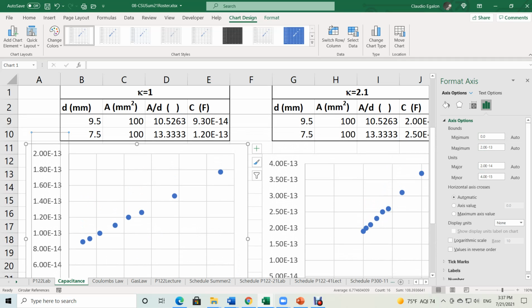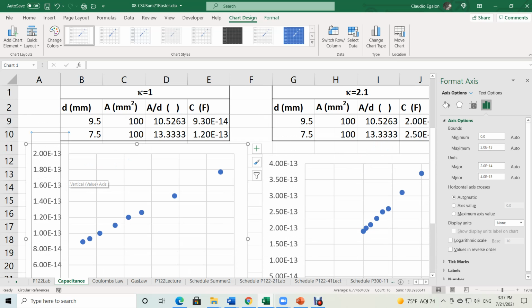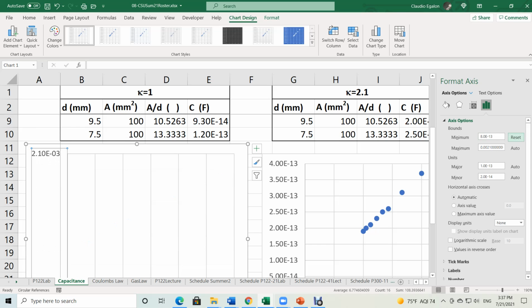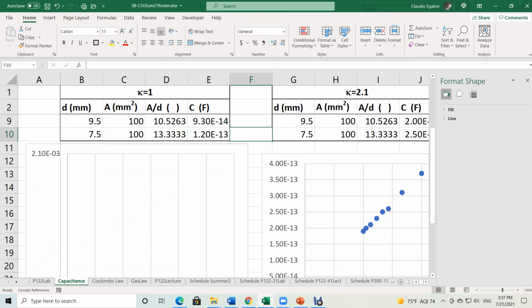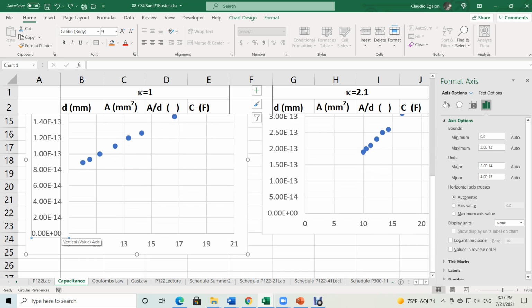Now what about in the vertical? The vertical axis from 8 to 1.8. 8 minus 13. What happened here? I had done something wrong. Yeah, let's see.